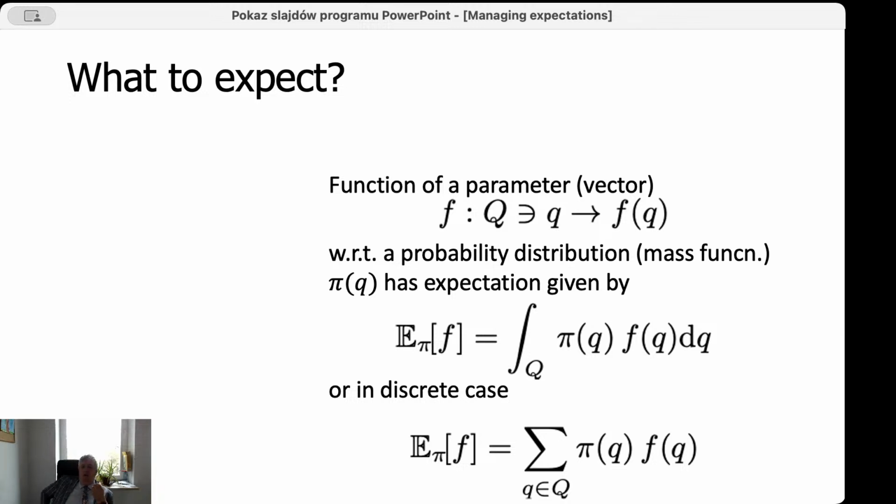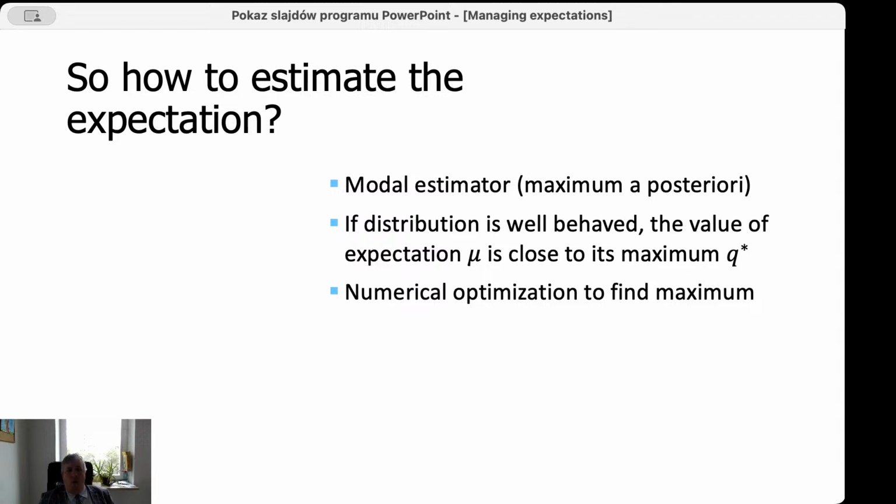In order to compute the expected value of that function, we compute a certain integral over the entire parameter space Q of the product of our function and the probability density function of the parameter Q. In the discrete case, we do not integrate, we sum over all the possible values of Q. The second case is much easier, but unfortunately many cases are not so easily translatable to a problem of computation. So how can we get that expectation?